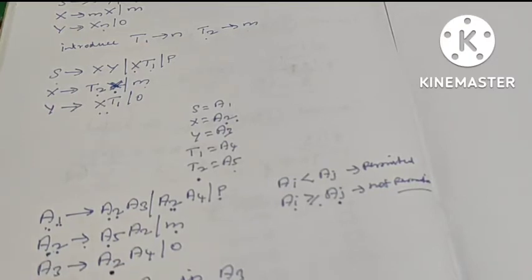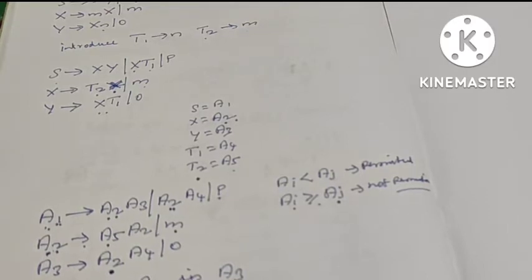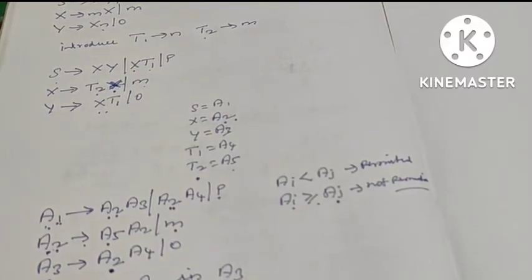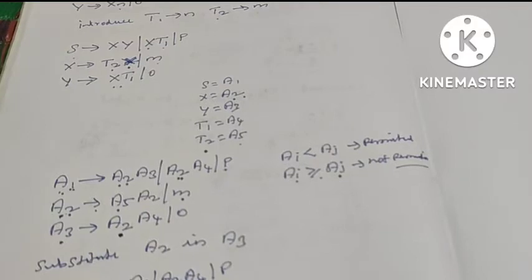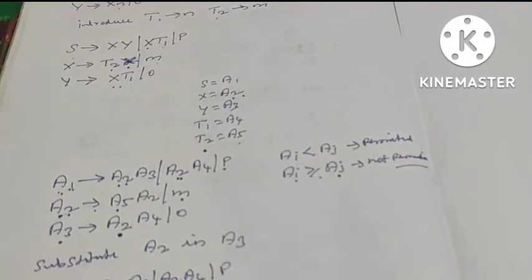So we'll first write the A1 productions. A1 tends to A3 A2 A4. I'm just rewriting the production, that's all. Now A2 is A5 A2 bar M. So this is also a valid production.